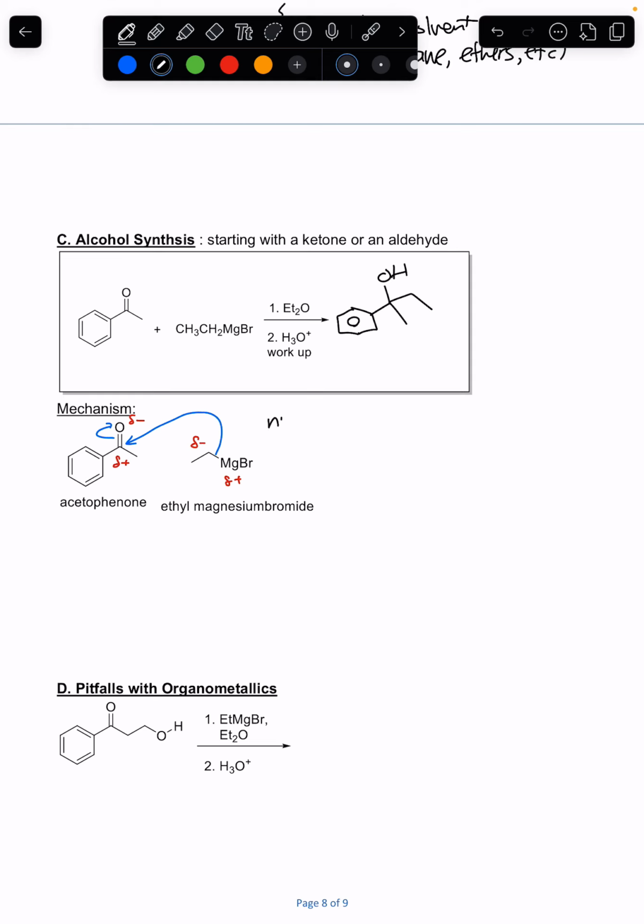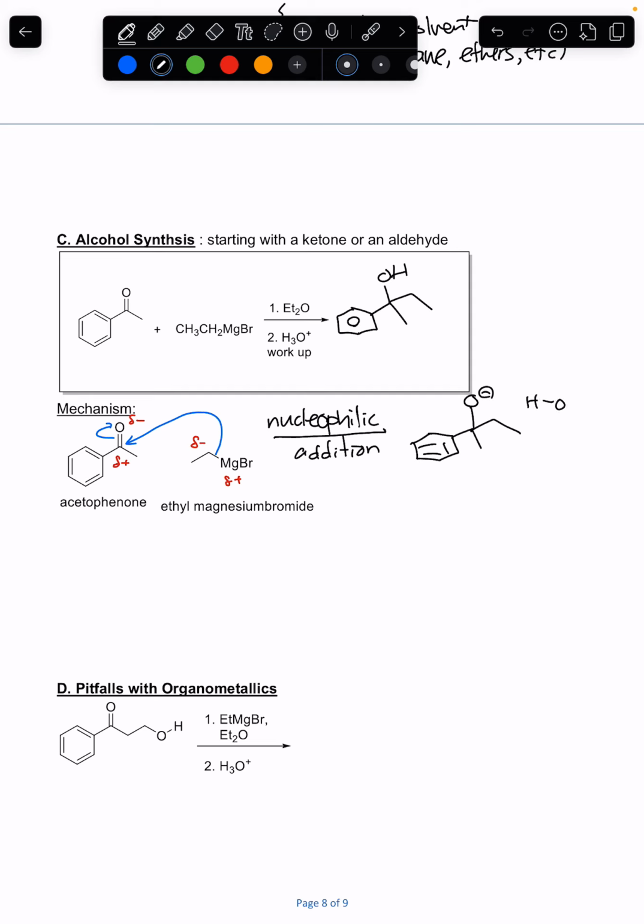By the way, this type of mechanistic step is called nucleophilic addition. Why? Because a nucleophile added to the carbonyl. And the end result, right, is this molecule. And that's the end of the first reaction.